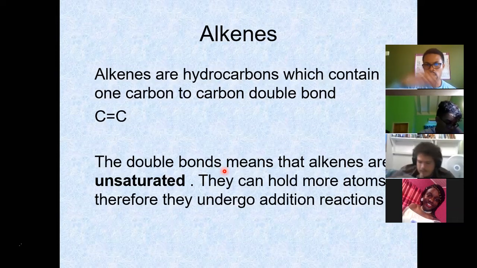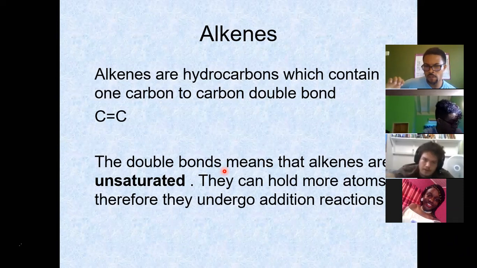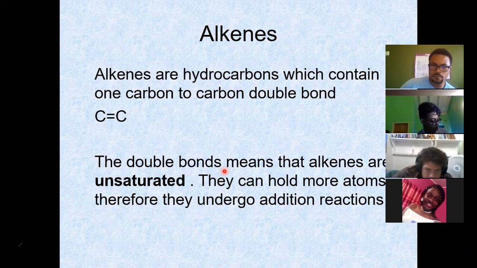Alkenes contain a double carbon to carbon bond. They are referred to as unsaturated compounds, which means they can hold more atoms, therefore they undergo addition reactions.